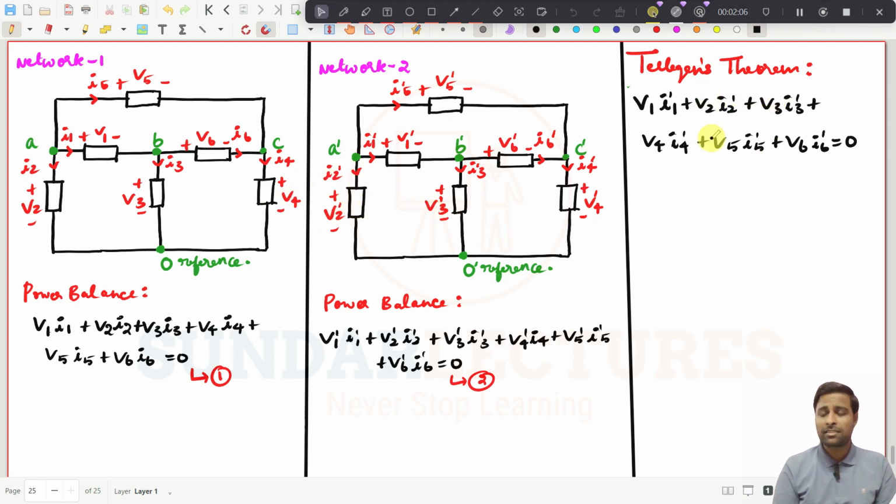But Tellegen's theorem explains that if you have two different networks, the elements are different, currents are different, and voltages across the elements are different, everything is different.